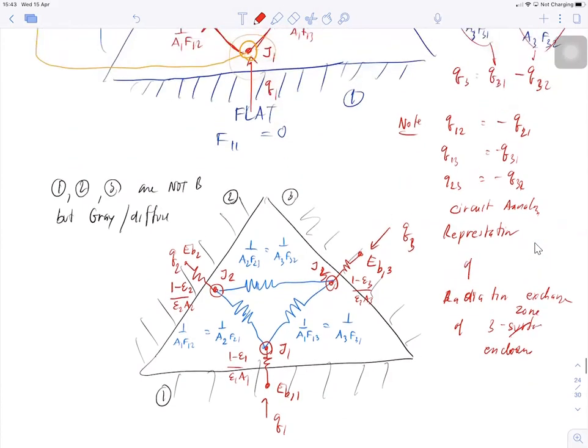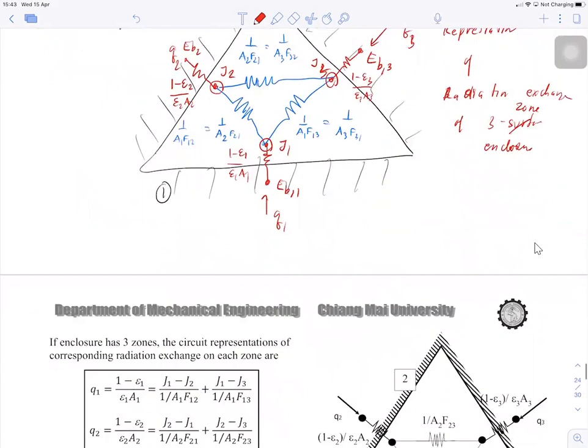So, the most important part is not the equation itself. The most important part is to try to understand what's going on, what the circuit analogy is going to look like. Okay?